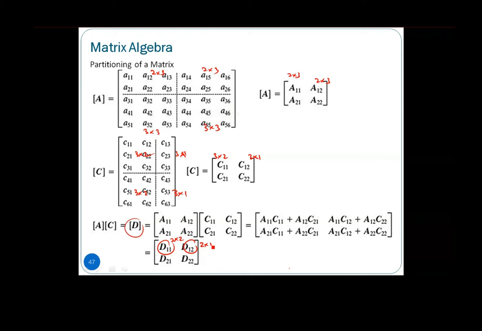D21 is a 3 times 3 matrix times a 3 times 2 matrix, so you end up with a 3 times 2 matrix. D22 is 3 times 3 times 3 times 1, so you have a 3 times 1 matrix. So in terms of partitions, it can also be done in that case.